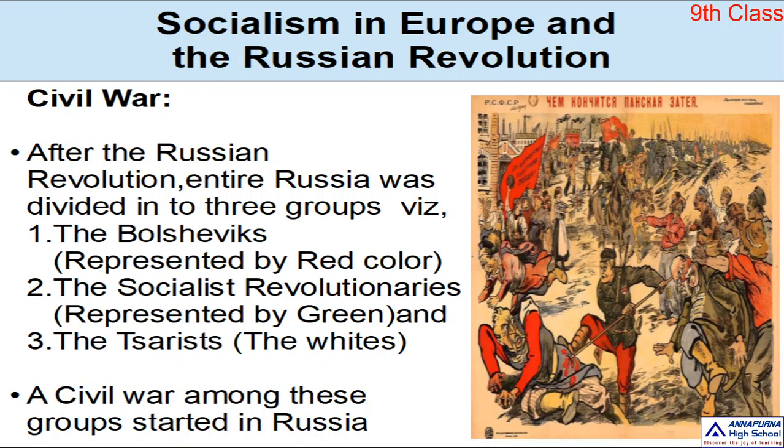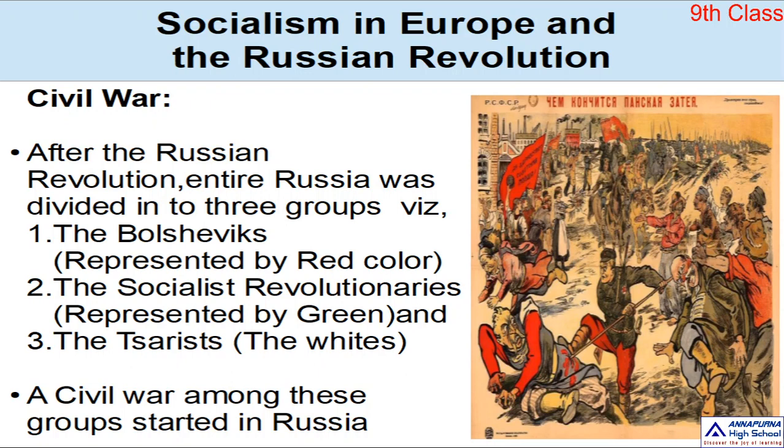One group is the Bolsheviks. The second group, Socialist Revolutionaries. The third group, the supporters of Tsars. These are the important groups that sprang up after the Russian Revolution.